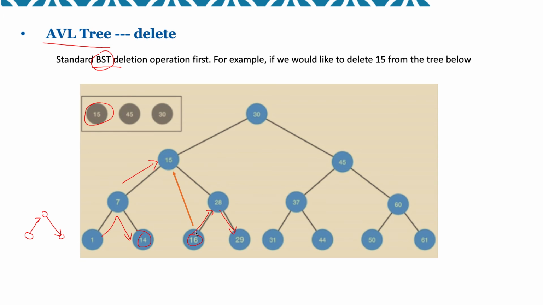In this case, we choose 16 to substitute it, and then it becomes 16, and then delete this node. But you can see that if you use 16 to substitute 15 and delete it, the deletion can be complicated.